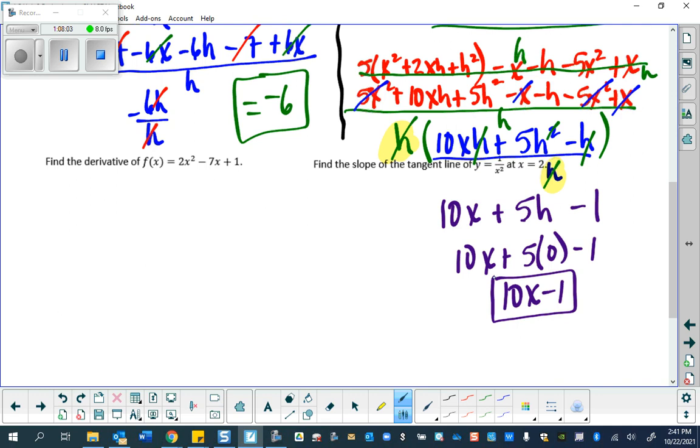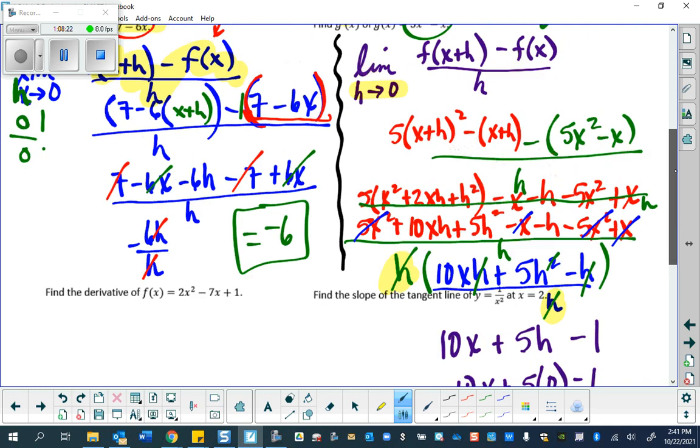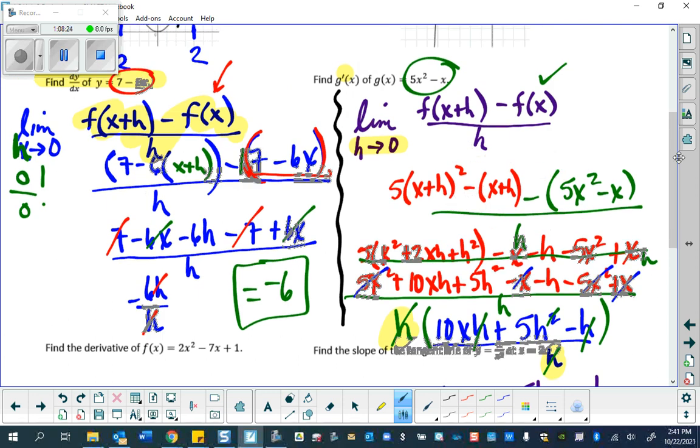Put it into that linear equation, and you'll find this point of tangency right here. Of course, our answer is a linear equation because our original equation was a quadratic. We started out with a curve. So you want the derivative of the tangent line. Right?